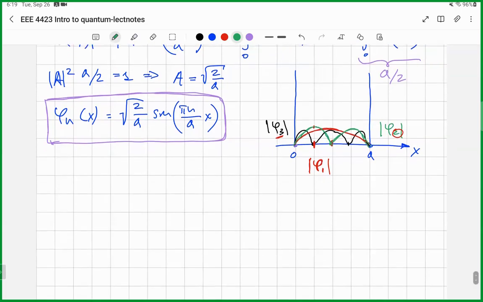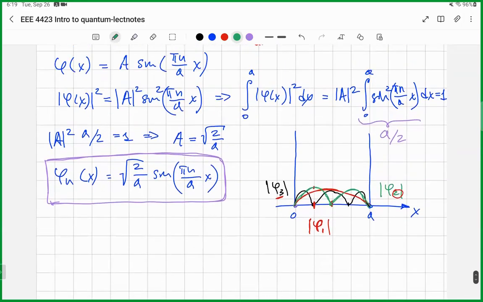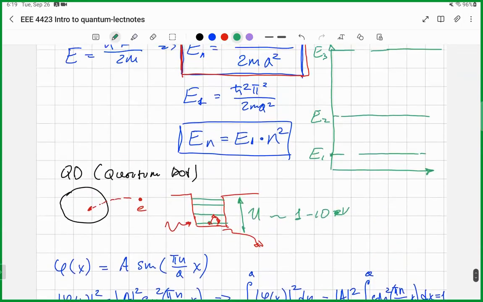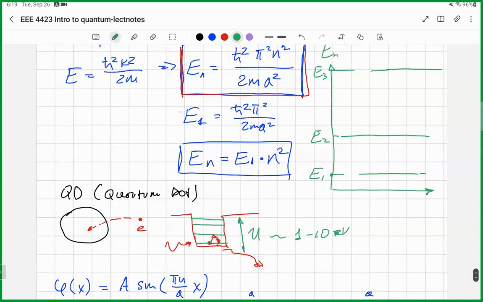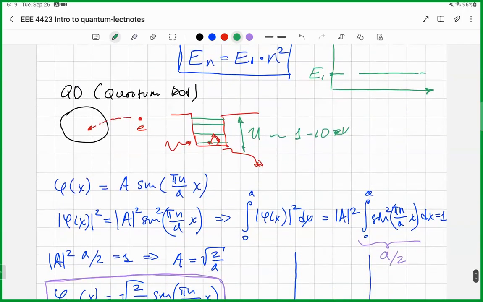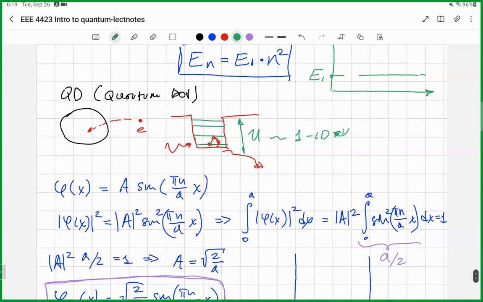Another point to mention here: if you look at this formula, we notice that the energy actually depends on the size. For example, when we're talking about the finite quantum well, which is a quantum dot, this is the A, the characteristic size of the quantum dot.